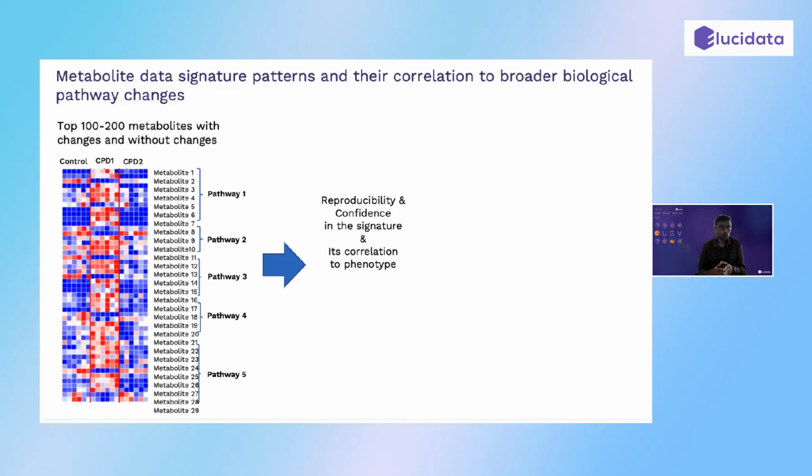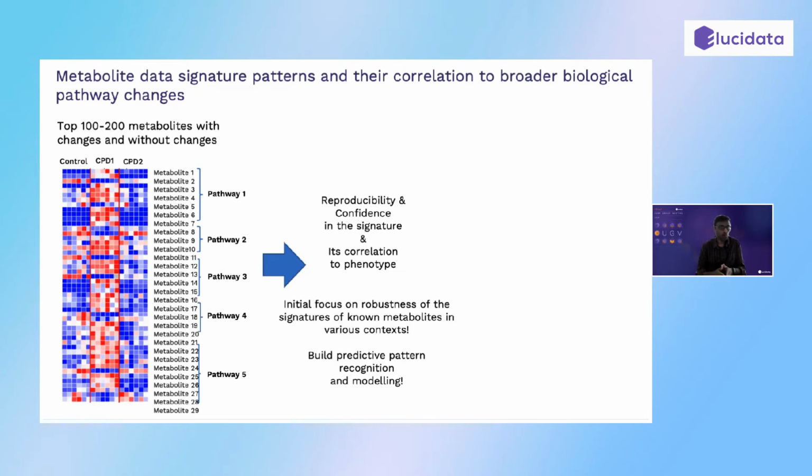So first, we wanted to reproduce the signature over and over again, for example in that particular series or class of compounds that we are testing. Ultimately, the signature should definitely be correlated to a specific phenotype, which can happen later in that biological system.